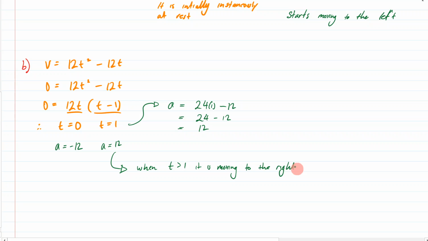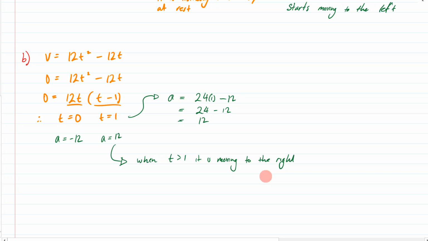The reason for that is because even though I'm stationary at t equals 1, and we know that because my velocity is 0 at that time, the fact that my acceleration is a positive value tells me the velocity is going to be changing to positive and increasing from that point forward, which means it's going to be moving to the right. My velocity will be positive, meaning it's moving to the right.